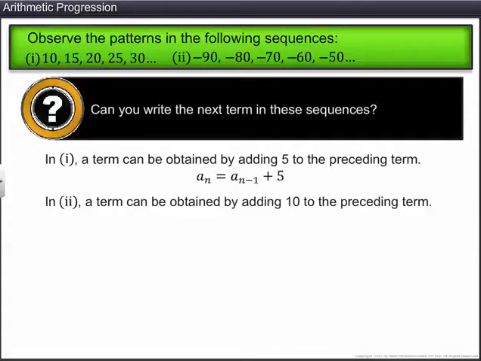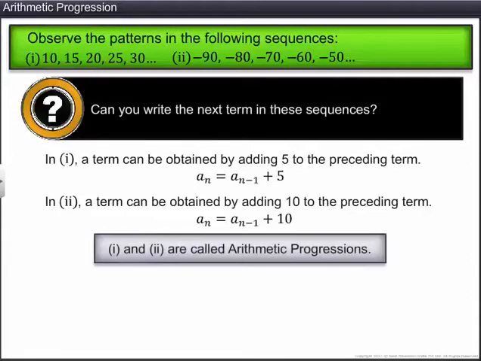That is, the nth term is equal to the n-1th term plus 10. In both the sequences, we see that successive terms are obtained by adding a fixed number to the terms just preceding it. Such sequences are called arithmetic progressions.